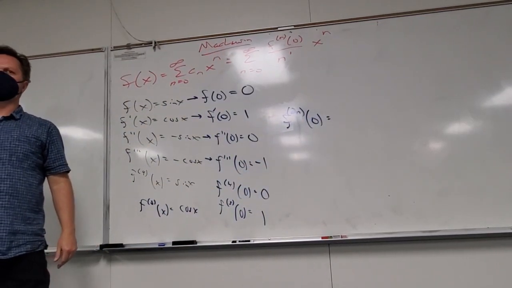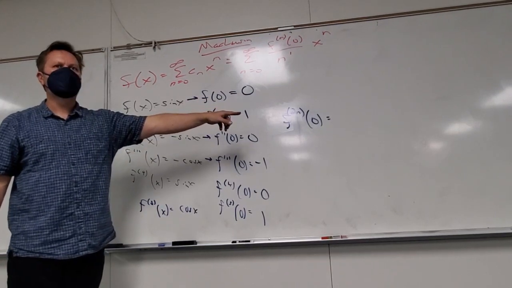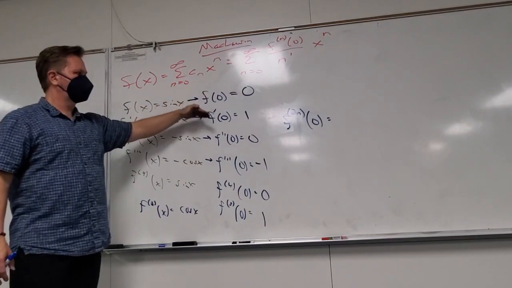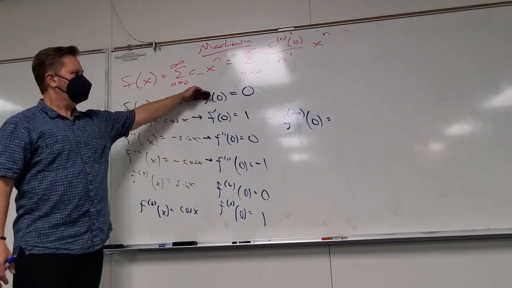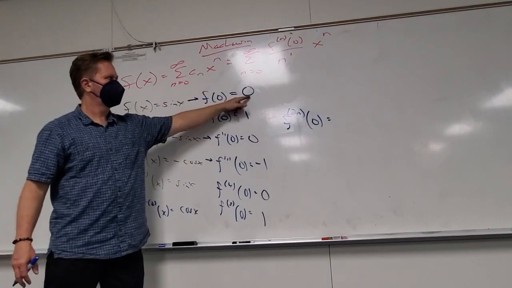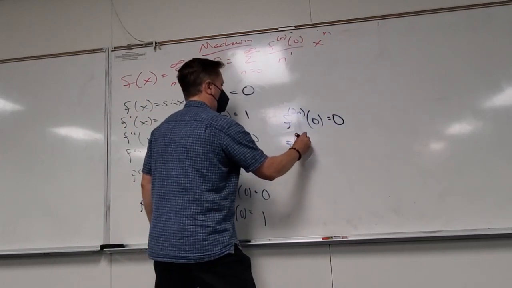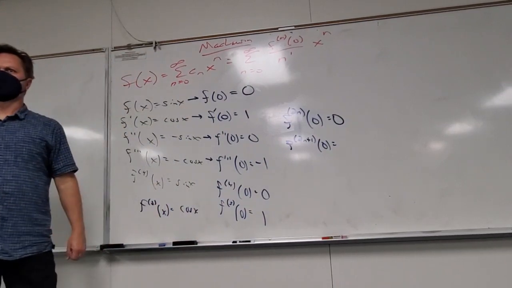If n is 0, that's the 0th derivative. I haven't taken any derivative. If n is 1, second derivative. Yes? So every single one of those is even. Or maybe not. All the even derivatives are 0. Okay. So what's the more interesting thing to look at? The odd derivatives. What are they? 1 or negative.